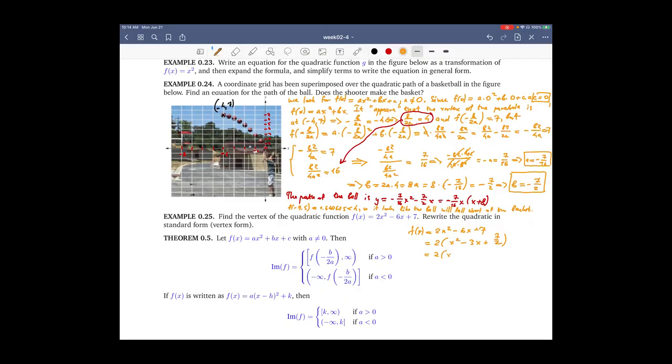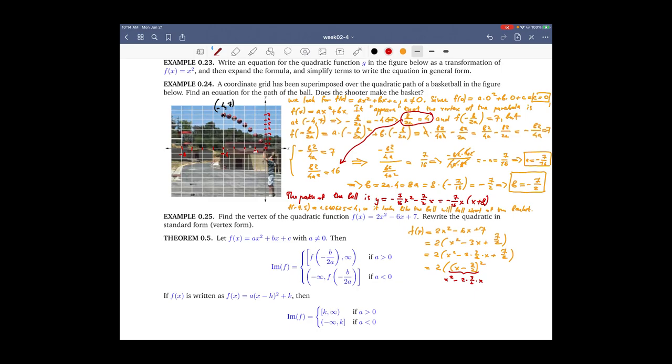Now we write the second term as 2 times 3 halves times x. And now it's clear we will be squaring x minus 3 halves. And if you were to square this, it would have been x squared minus twice times 3 halves times x.